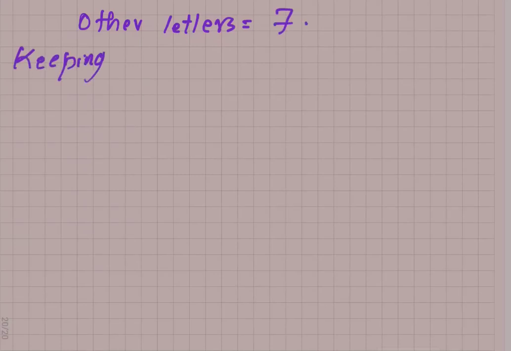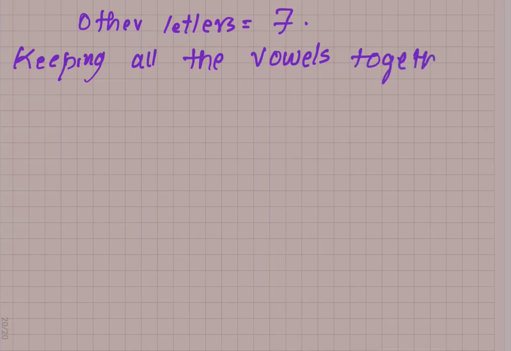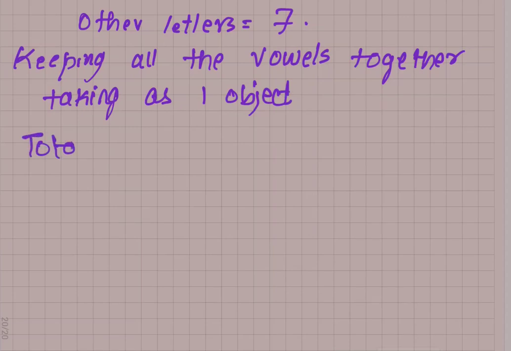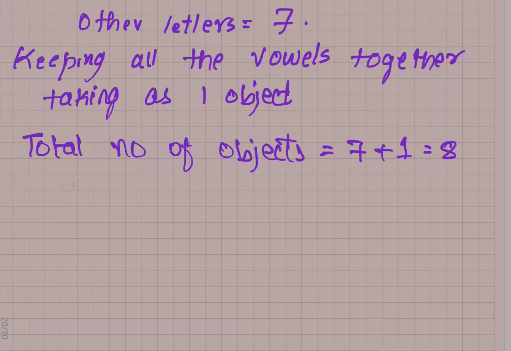Now considering the 5 vowels as a single object, we have the other left letters, which is 7. Keeping all the vowels together, taking them as one object, the total number of objects is 7 plus 1, which is 8.